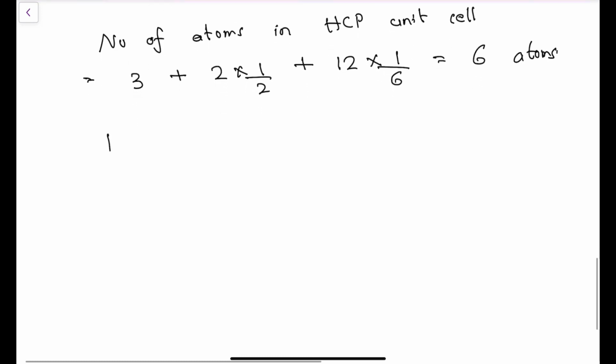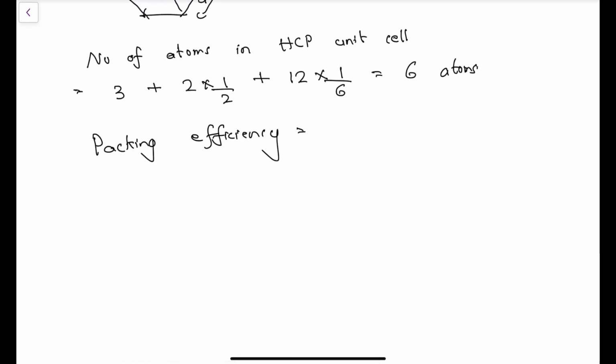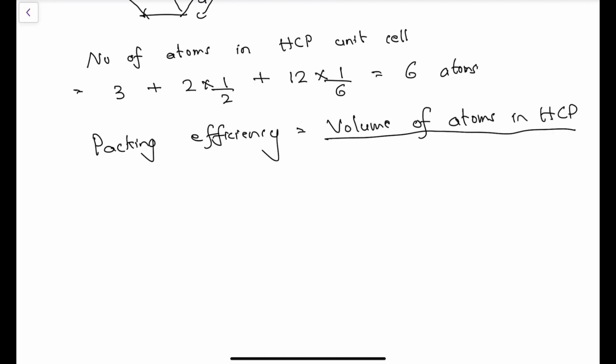Now, next we need to find out the packing efficiency. Okay. Packing efficiency is defined as, this is equal to the volume of atoms in HCP structure divided by the total volume.